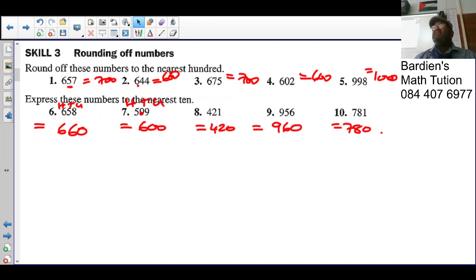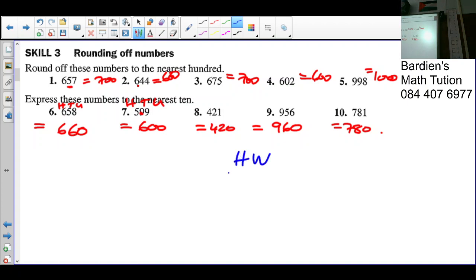Okay, for homework. Your homework is on page 15. Okay, you see page 15 there? You're going to do for me skills 2 and skills 3.